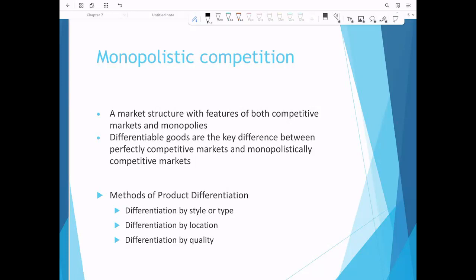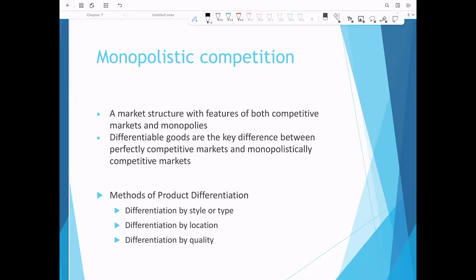Differentiable goods means that people might have different preferences for one good over the other, but they tend to be substitutes for each other. They might not be close substitutes, but they have some degree of substitutability. So a Whopper at Burger King and a Big Mac at McDonald's have a very high substitutability. They also have very close prices. They compete with each other very closely.